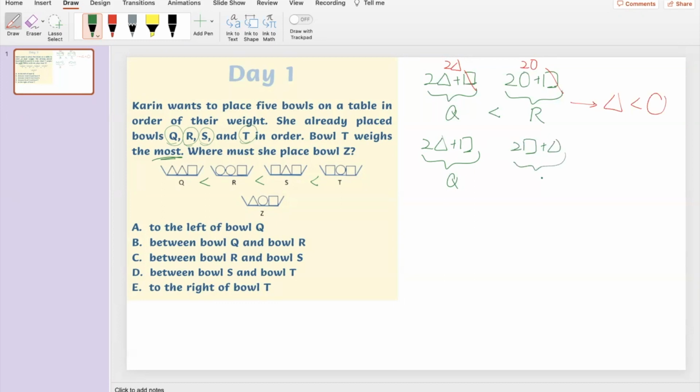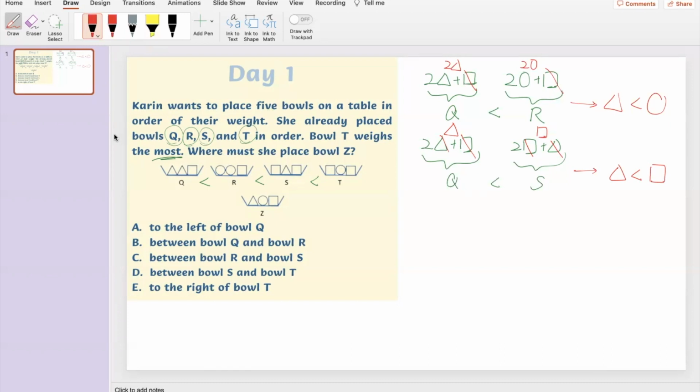And we know that Q is smaller than S. So this time, they both have 1 triangle and they both have 1 square, which means we can cancel 1 square, cancel 1 triangle, cancel 1 square, cancel 1 triangle. And what do we have left? We have 1 triangle left and we have 1 square left, which means our triangle is smaller than square.